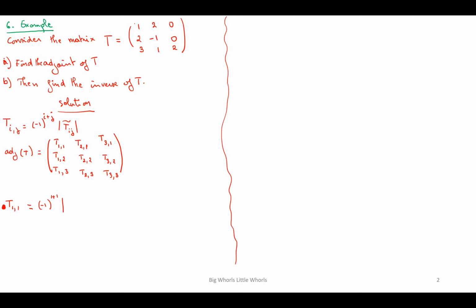That means the matrix we get by deleting the first row and the first column. So if we delete the first row and the first column, we are left with minus 1, 0, 1, 2.